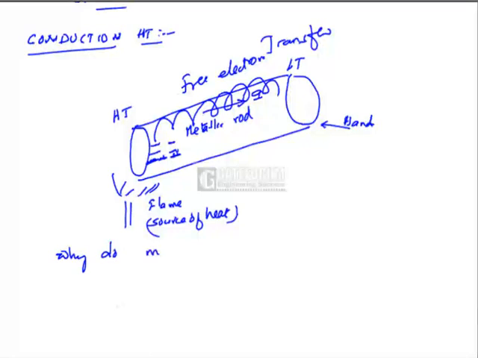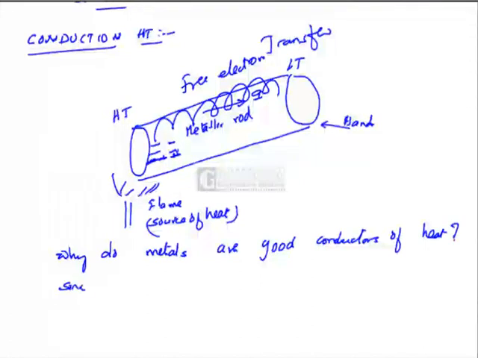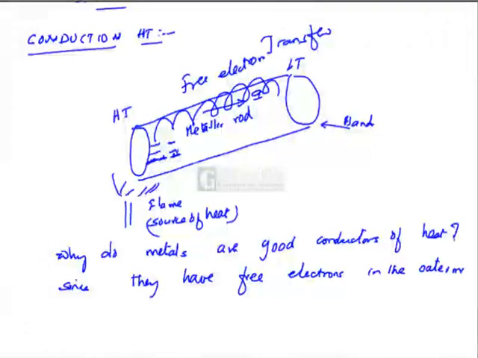Why are metals good conductors of heat? Since they have free electrons in the outermost orbits of atoms of molecules.